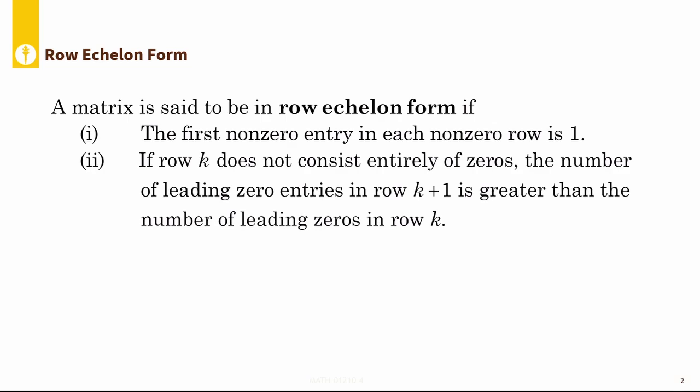If row K does not consist entirely of zeros, the number of leading zero entries in row K plus 1 is greater than the number of leading zeros in row K.